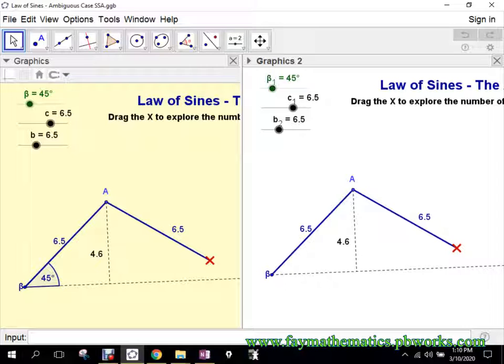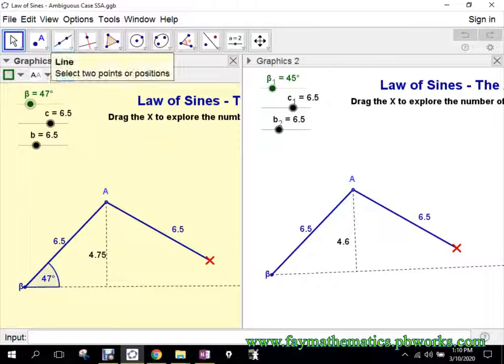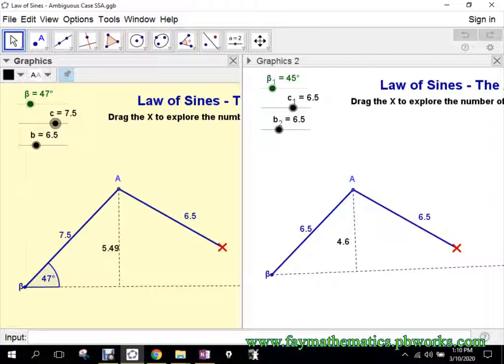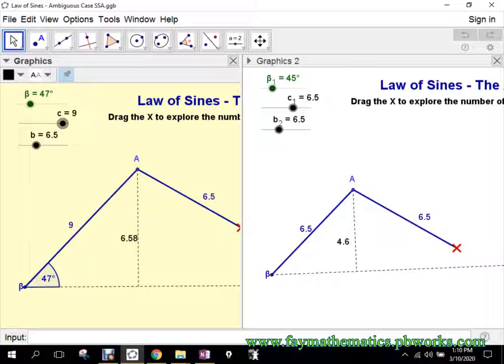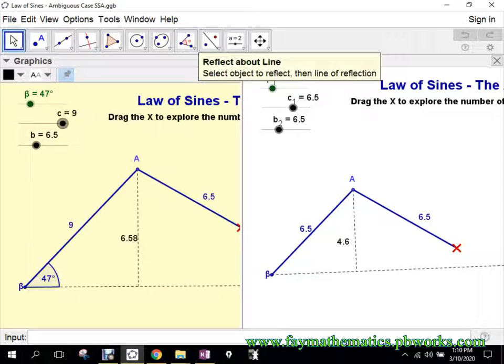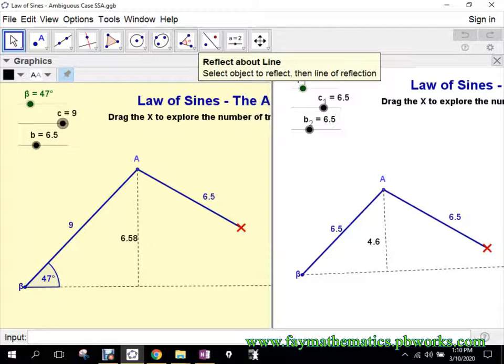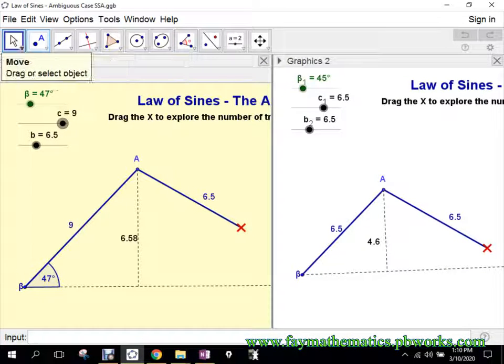Let's change this 45 to maybe 47. Let's take that first 6.5 and change that to that number.